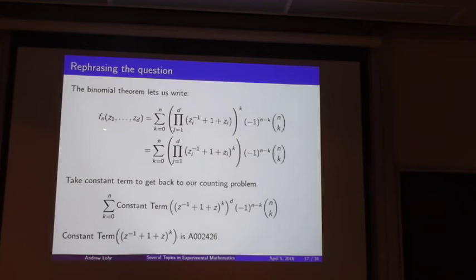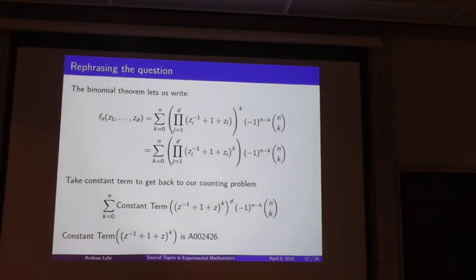Lastly, since this holds for any z1 through zd, in order to count the walks that come back to the origin, we want the constant term for every dimension. Each dimension looks the same, so we just get that same expression raised to the d.